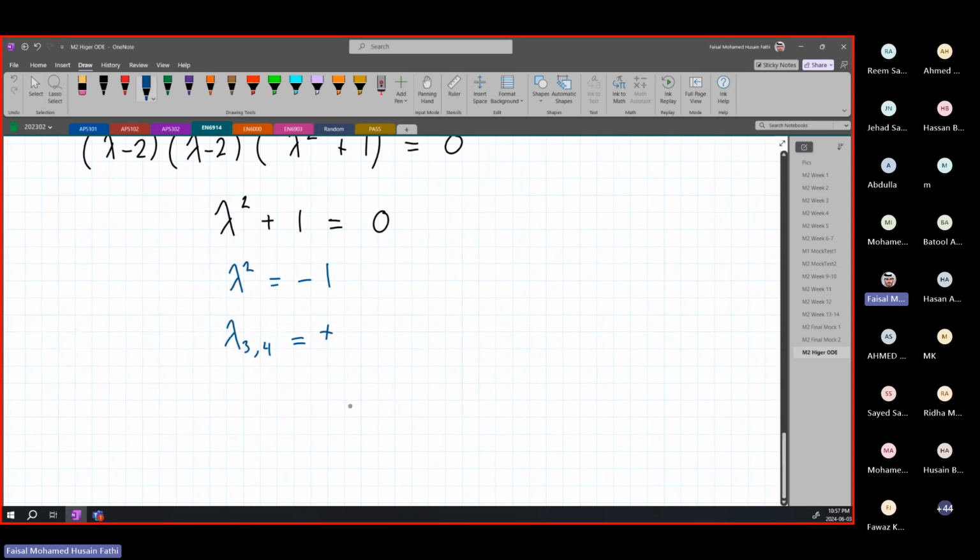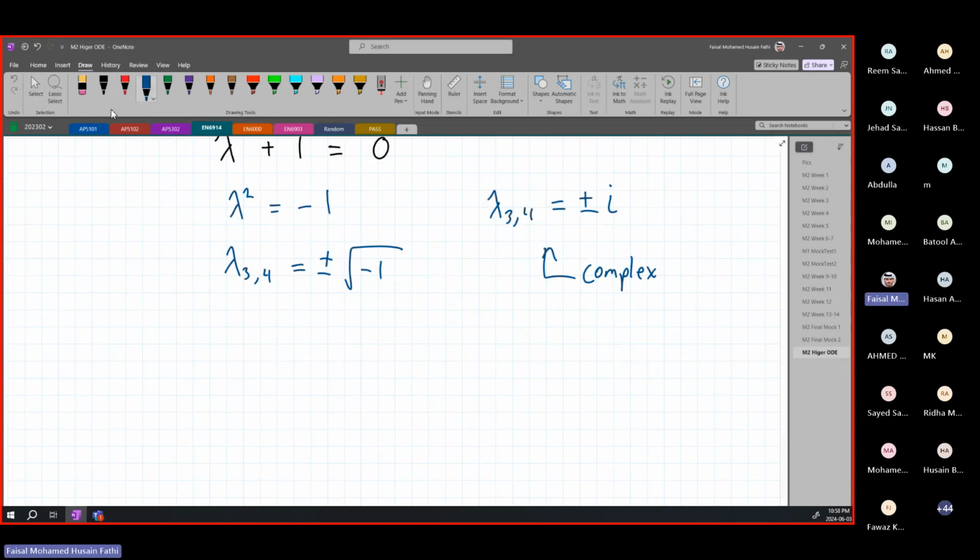We are going to have a positive and a negative value of the square root of minus 1. When we have a negative, this means it's a complex value. So lambda 3, 4 is equal to the square root of negative 1, which is plus or minus i. All right. So what does this mean? This means that we have a complex root.